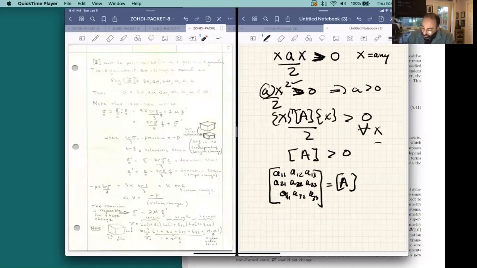What does A bigger than 0 mean in linear algebra lingo? In other words, if I tell you a matrix is positive definite, what does that mean? Can anyone tell me?